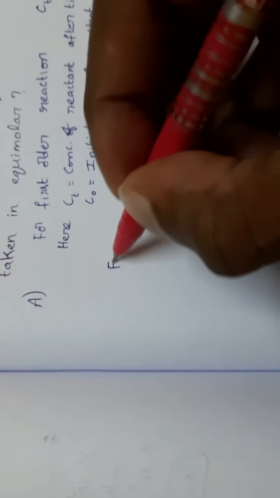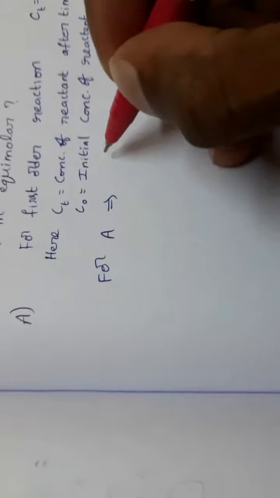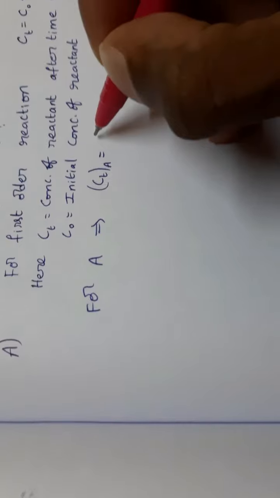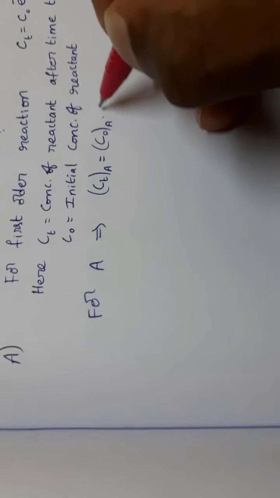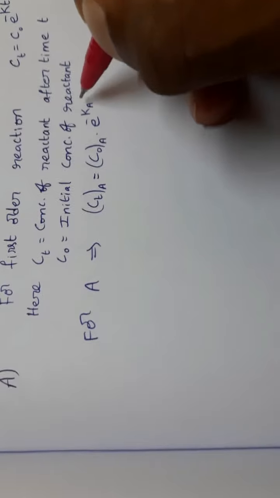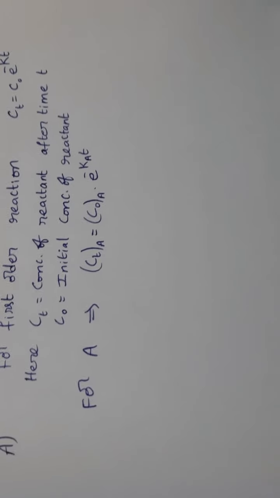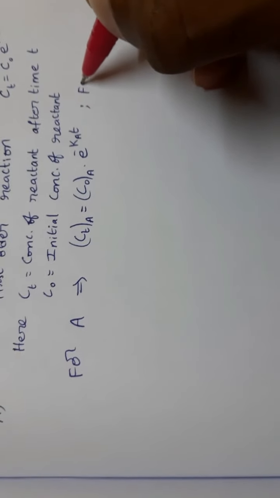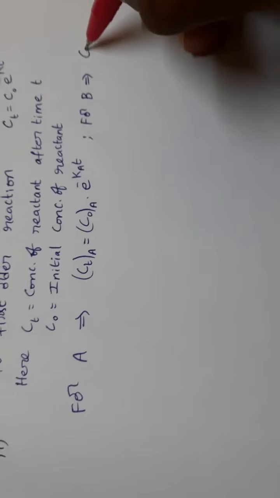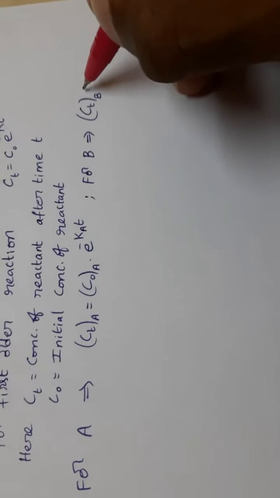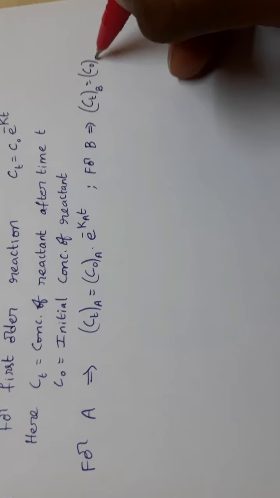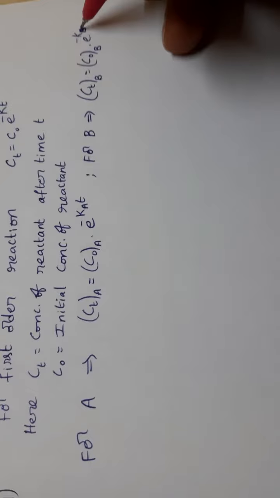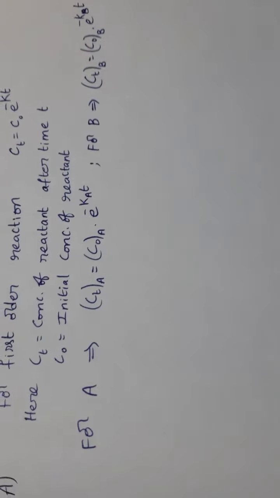Now for A, if we apply this formula, Ct of A equal to C naught of A into e power minus Ka into t. In the same way, for B, Ct of B equal to C naught of B into e power minus Kb into t.